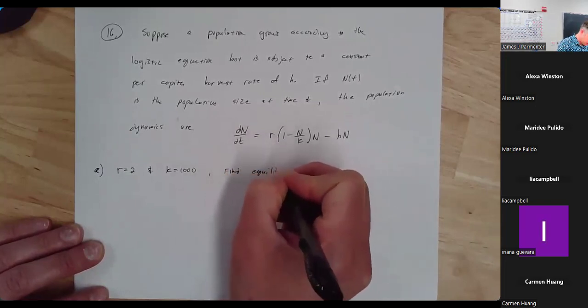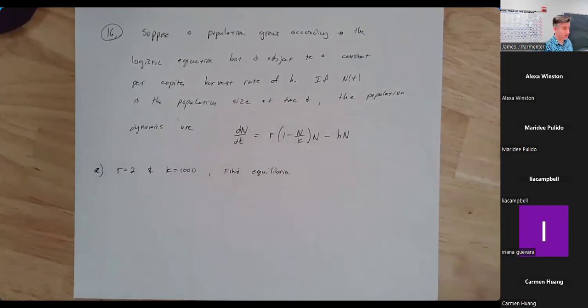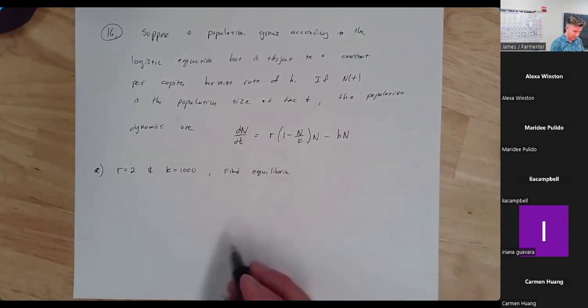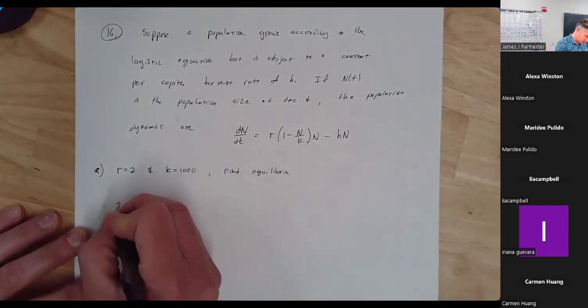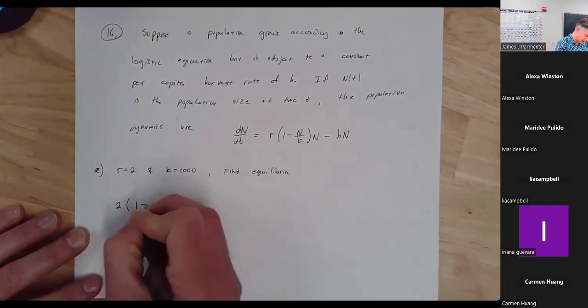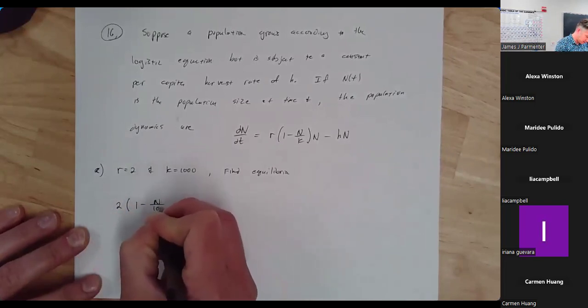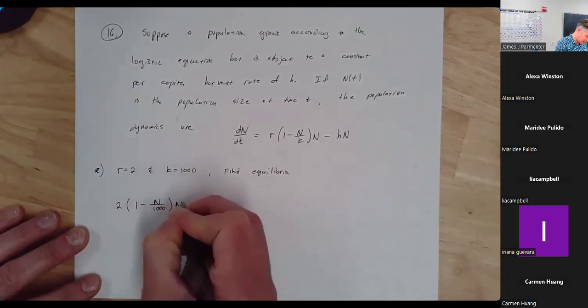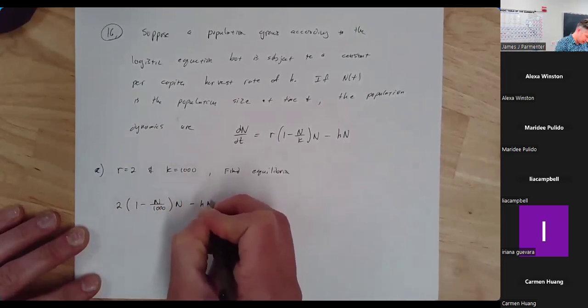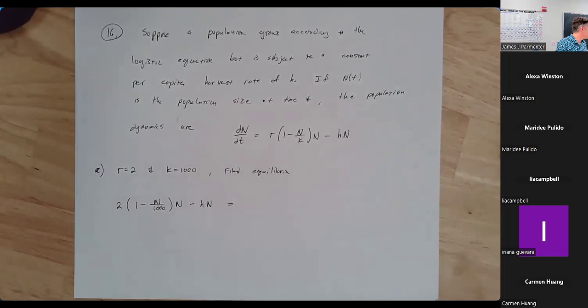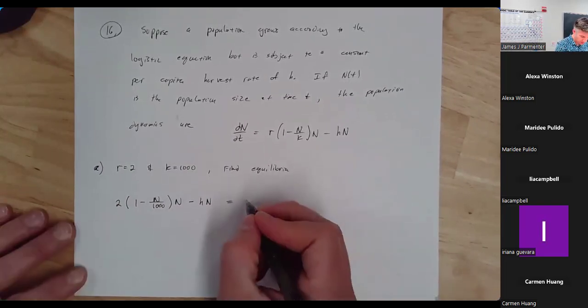Okay. Again, when we find equilibria, we could even do this without plugging in R equals 2 and K equals 1,000, but we should do it that way because it's going to be less terrible. So we plug this in, we're going to get 2 times 1 minus n over 1,000 times n minus h times n, and we're going to set that equal to 0.